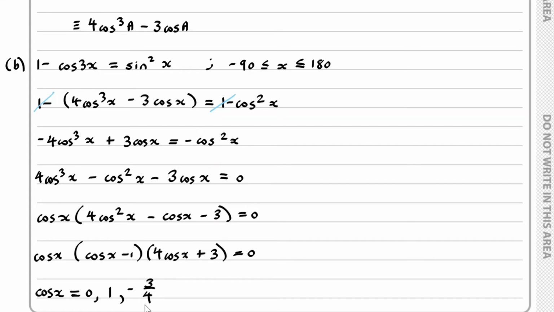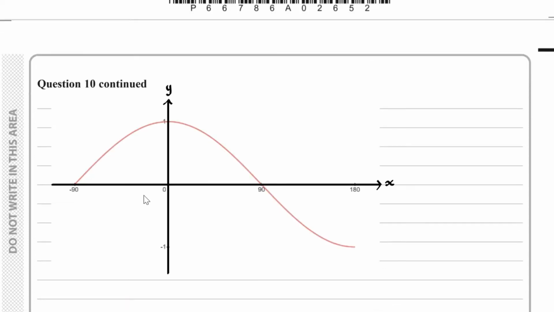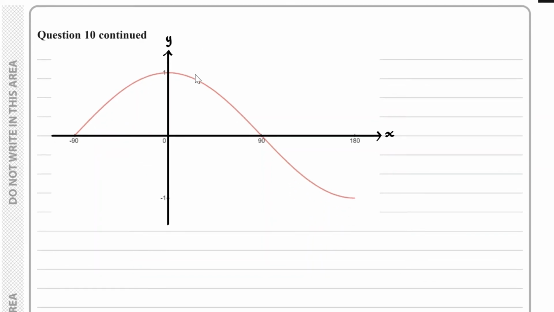And our next step will be to draw the graph of cos x in between minus 90 and 180. So having drawn the graph of cos x in between minus 90 and 180, we see, of course, when cos x is equal to 0, we have a solution here. And we also have another solution here.